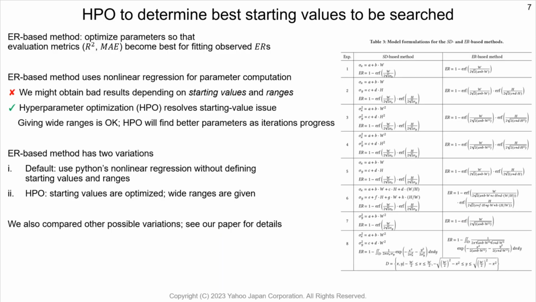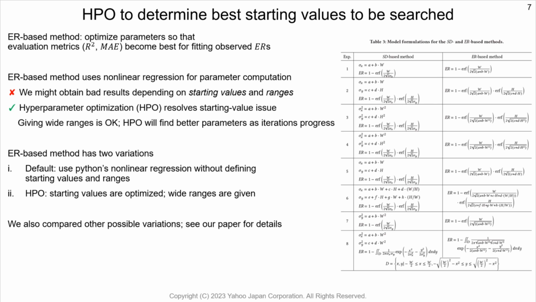The ER-based method determines the parameters so that the R-squared and mean absolute error values become the best for fitting the observed error rates. However, because the ER-based method uses a nonlinear regression, sometimes we obtain bad results depending on the starting values and parameter ranges to be searched.